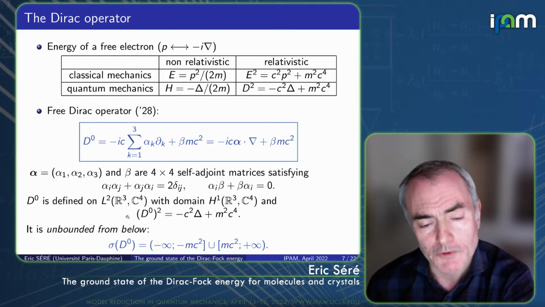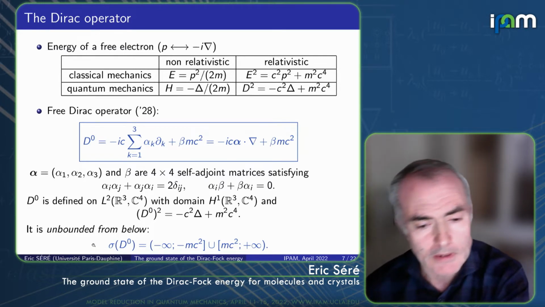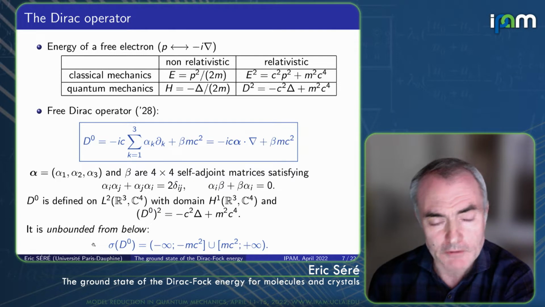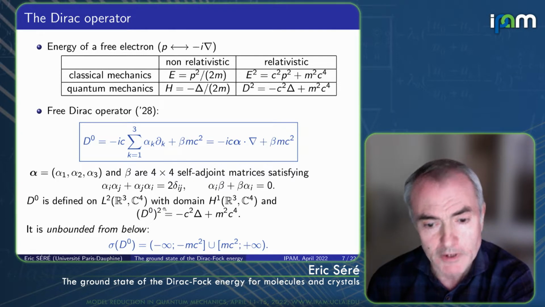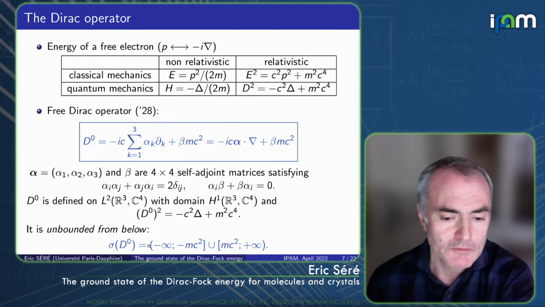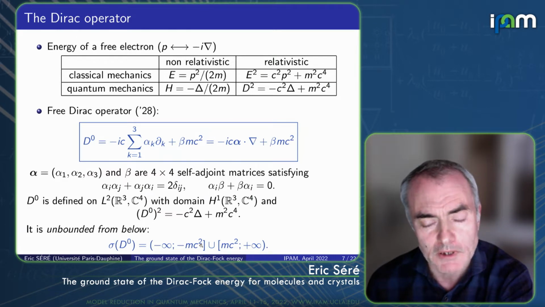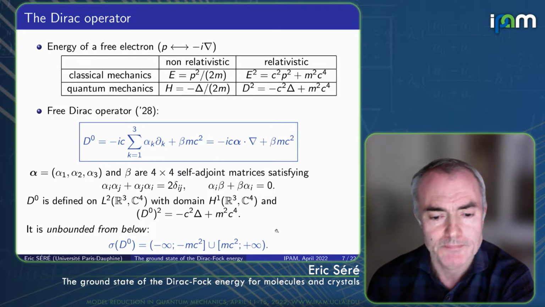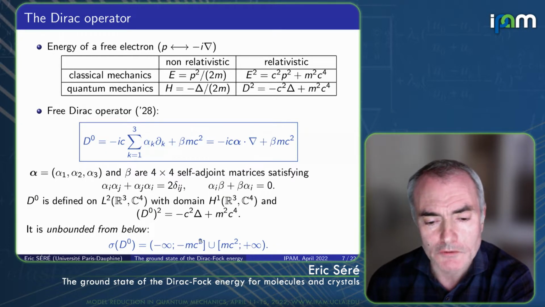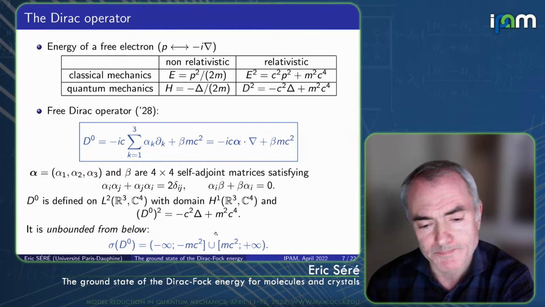And the operator you get in this way has a spectrum which is rather easy to compute by going to the Fourier domain. And you find that it has two parts, a negative part, minus infinity to minus mc squared, and a positive part, mc squared to infinity. Of course, nobody has ever seen negative energy electrons. And so this negative spectrum is a problem.